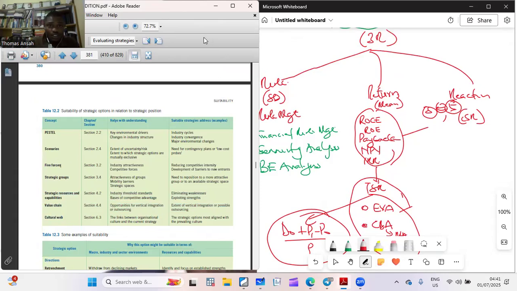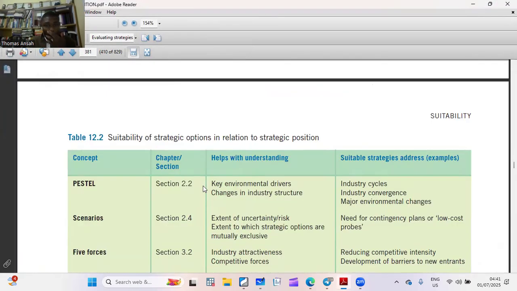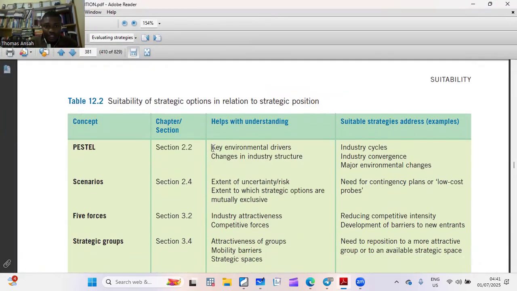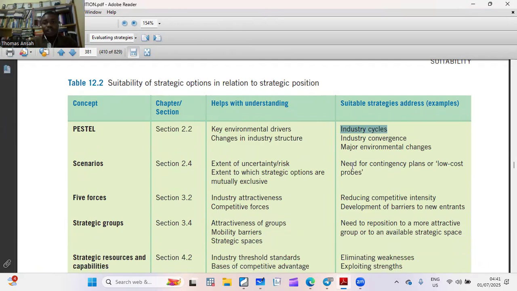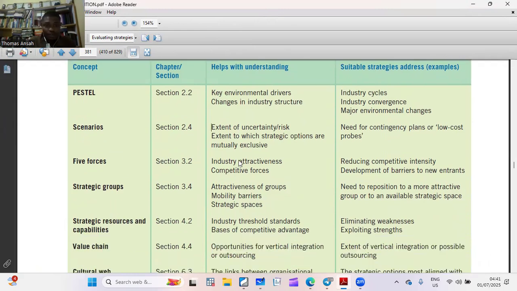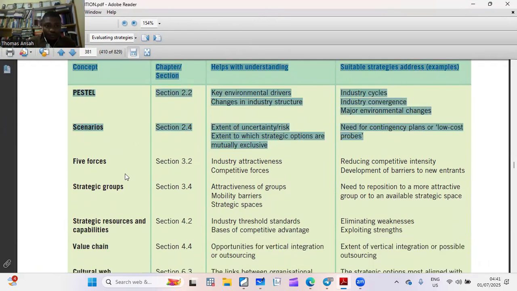Now, what this thing is going to do, so you analyze the key drivers, help you to understand. So you know your industry cycle, industry convergence, major environmental changes, you will see them. We've done all these things. The five forces, we've done it.